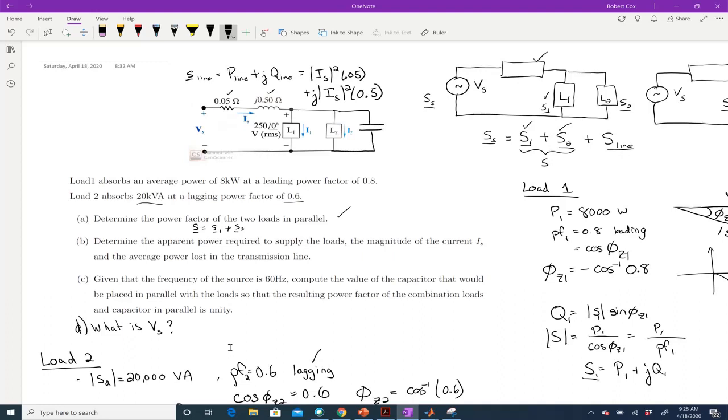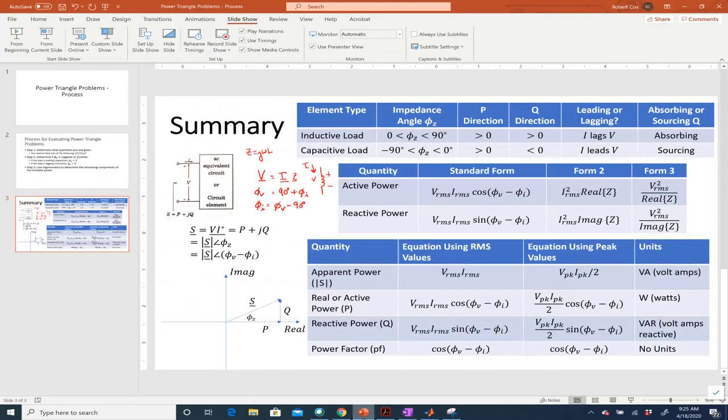Now, because I have a capacitor, again, go back to my summary, all right? Because I have a capacitor here, its angle is negative, its Q is negative, right? Remember, capacitive Q is such that the complex power is in the fourth quadrant. So the complex power points downward. So my Q is negative.